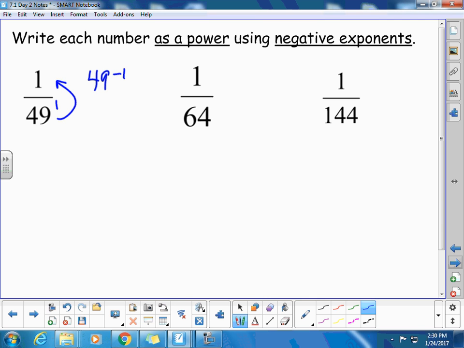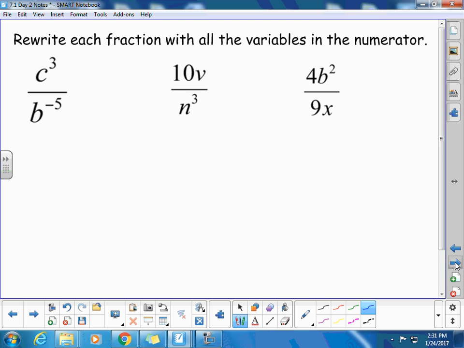So here again, I have to move it, 64, but I need to have it raised to a negative exponent. And one more time, 144 to the negative 1. So that's writing them with a negative exponent, which usually we don't like to do. Usually we say we have to simplify it. You can't have any negative exponents in the answer, but we need to know how to rewrite them with positive exponents. So I'm going to move it and lose it.